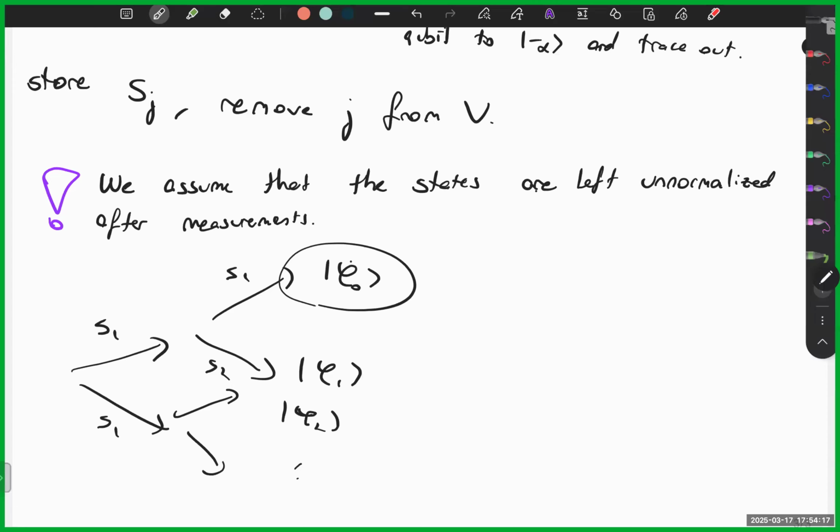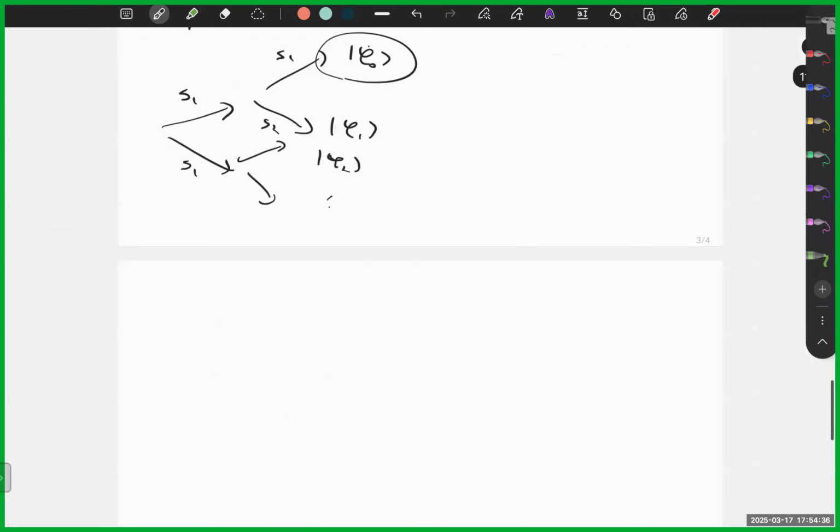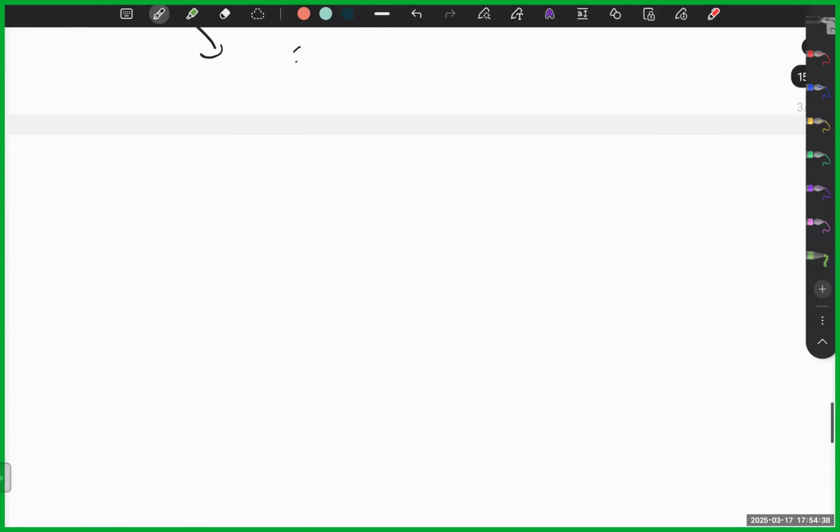Since we are not normalizing after the measurements, it becomes useful in the sense that we have a way to find the probabilities of reaching those states after the measurements. So we define it like this. And also, we can see it in a picture.